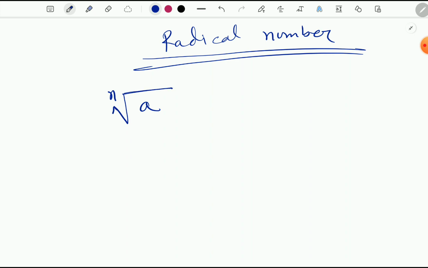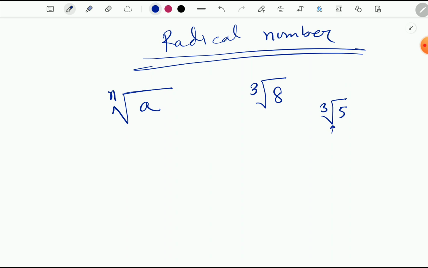Nth root of a, we can write cubic root of 8. This is a radical number. Cubic root of 5. Whenever a number is expressed by root, it's a radical number.